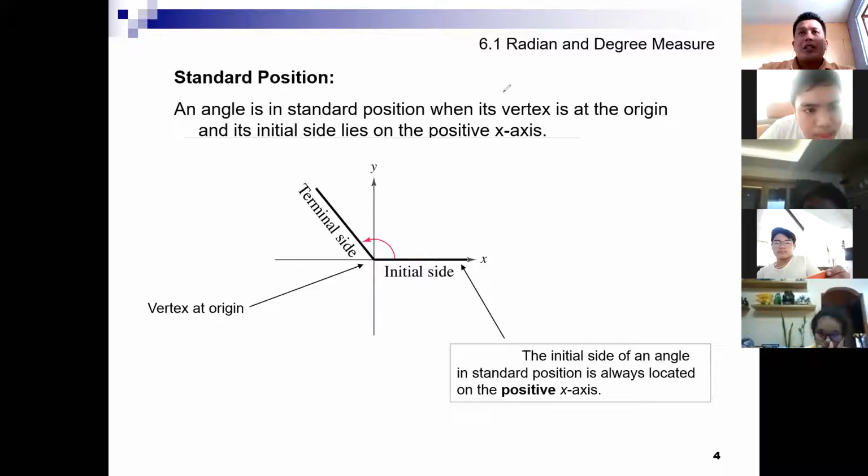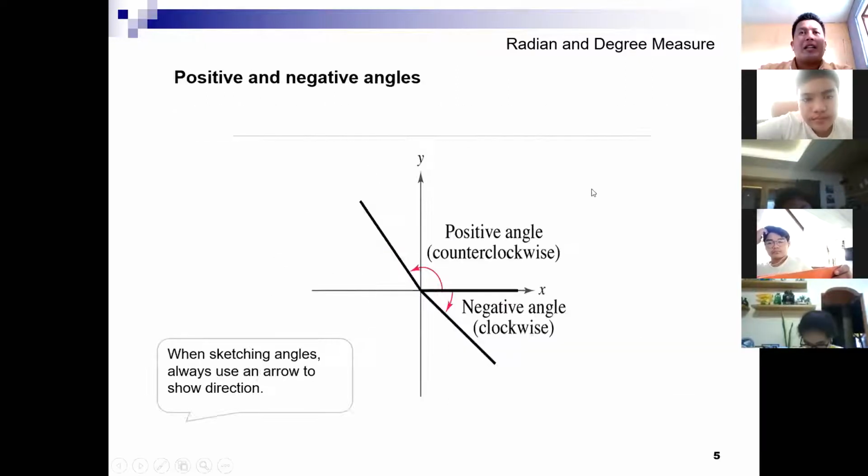The direction of your angle could be counterclockwise or clockwise. If you notice in this frame, the direction of the angle from the initial to the terminal side is counterclockwise, right? Which means it's against the clock. If the angle is drawn in a counterclockwise direction, the angle is positive.